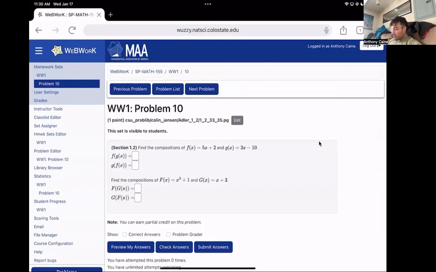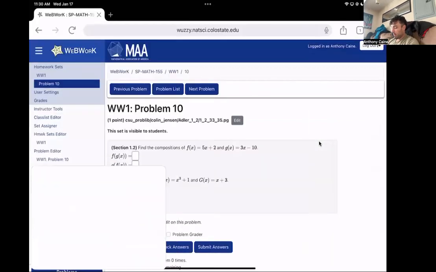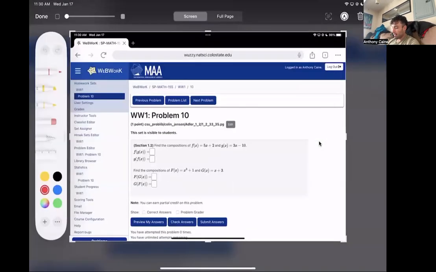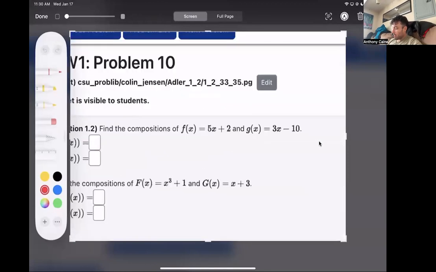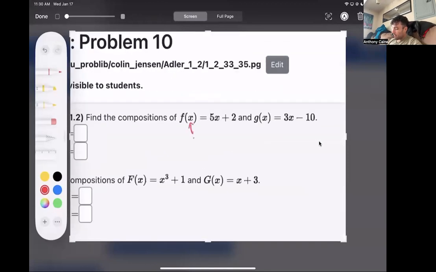Okay, function composition. This is a big deal, and I love it, and I'm not going to remember all this, so we're just going to do this whole thing. All right. What does f do to an input? F multiplies the input by 5, and then it adds 2.